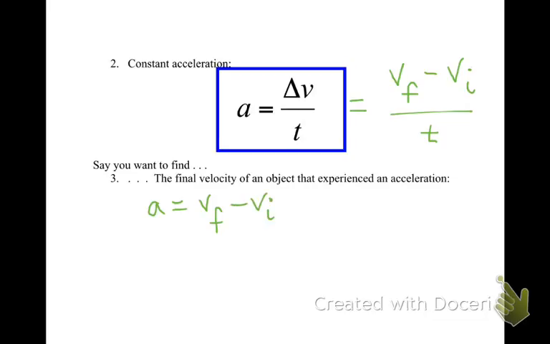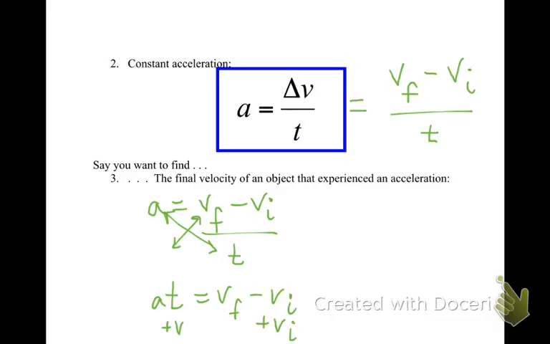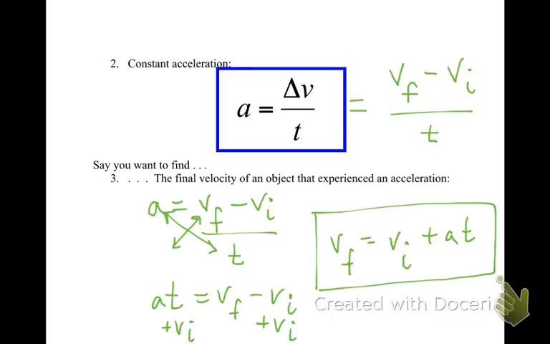a equals Vf minus Vi over t. So we will cross multiply. In doing that, we would get at equals Vf minus Vi. Add Vi to both sides, and we would get Vf equals Vi plus at, which is also an equation that's given to you in your mechanics section of your reference tables.